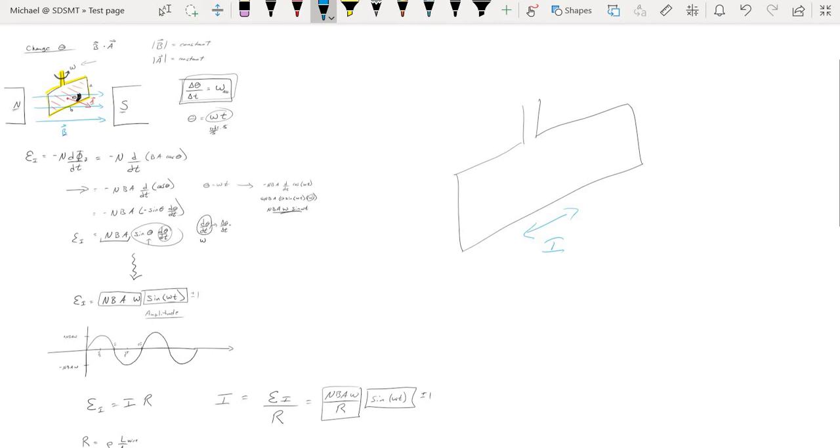So what's going to happen with any induced EMF and induced magnetic field? Well, the induced magnetic field is going to have to counter whatever is happening within this system. So there's going to be an induced magnetic field that is going to point in a direction that will attempt to stop the coil from spinning.